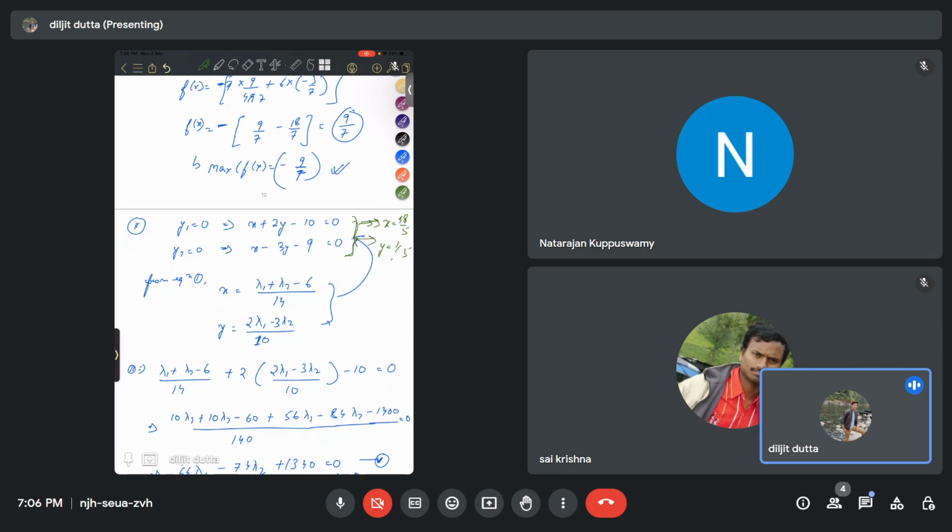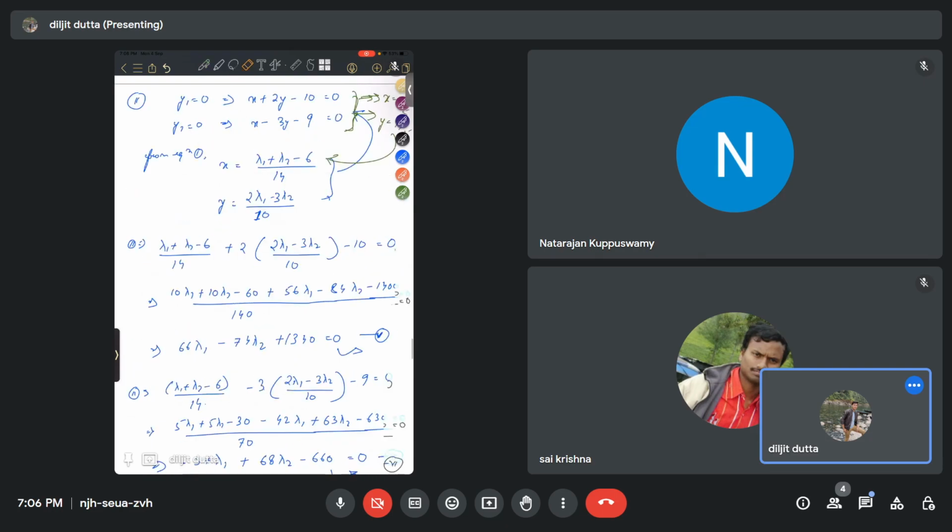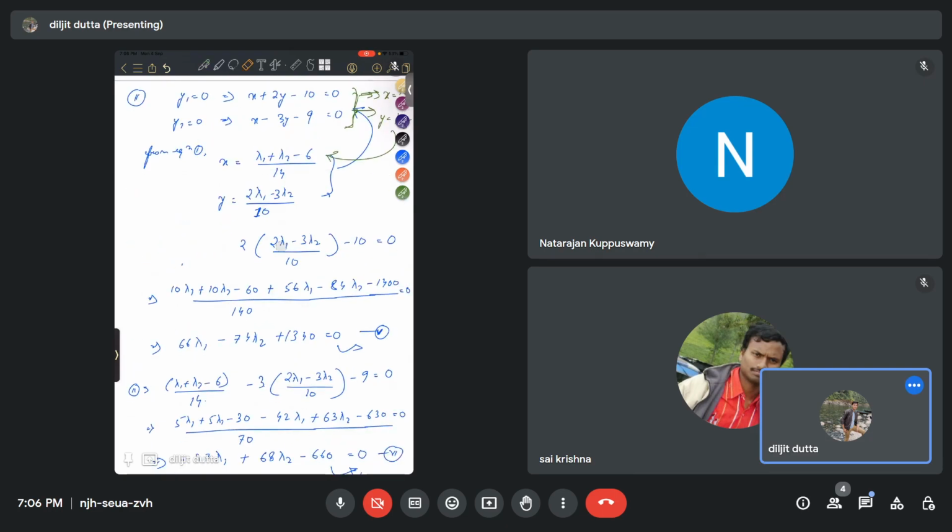Now let us put these x and y values in terms of lambda 1 and lambda 2. So how will we get lambda 1 and lambda 2 from this? I'll just erase this part and see.